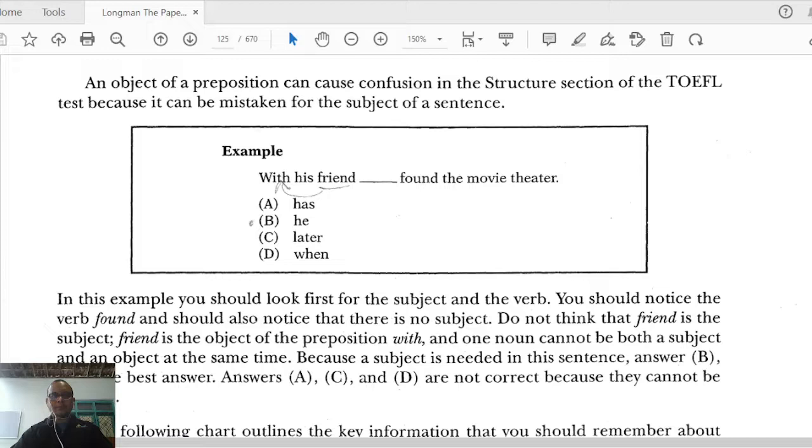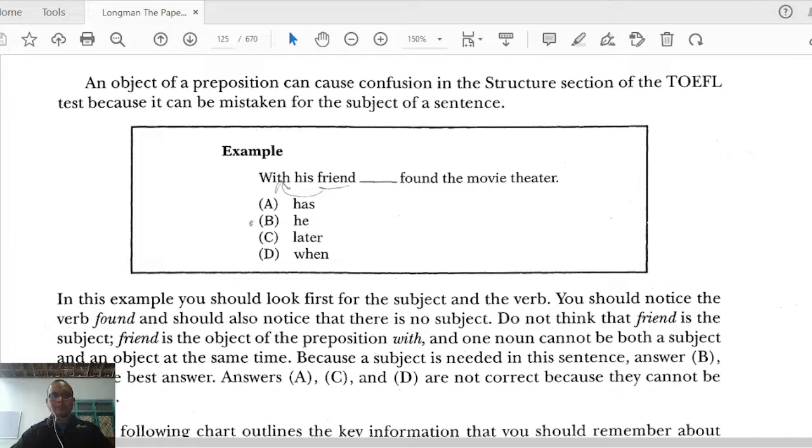The following chart outlines the key information that you should remember about the object of preposition. Object of preposition. A preposition is followed by a noun or pronoun that is called an object of preposition.